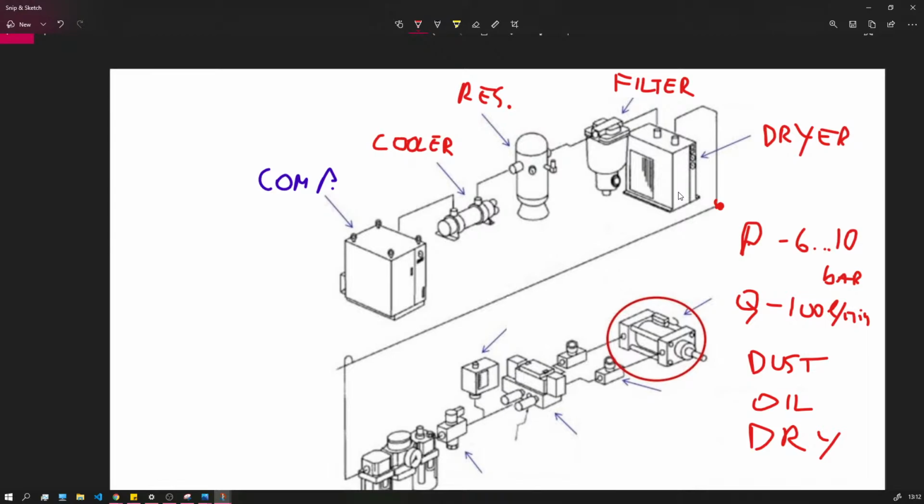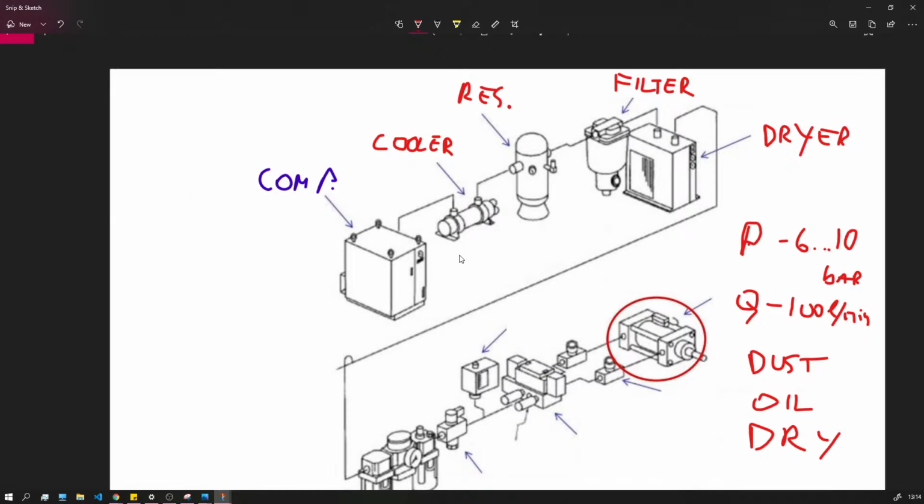And have you ever ridden a bus or a train? Quite a lot. They also have the main elements of the same system. They have a compressor, a cooler, a reservoir, and a filter, kind of a canister-looking element that's screwed into the system in some place.